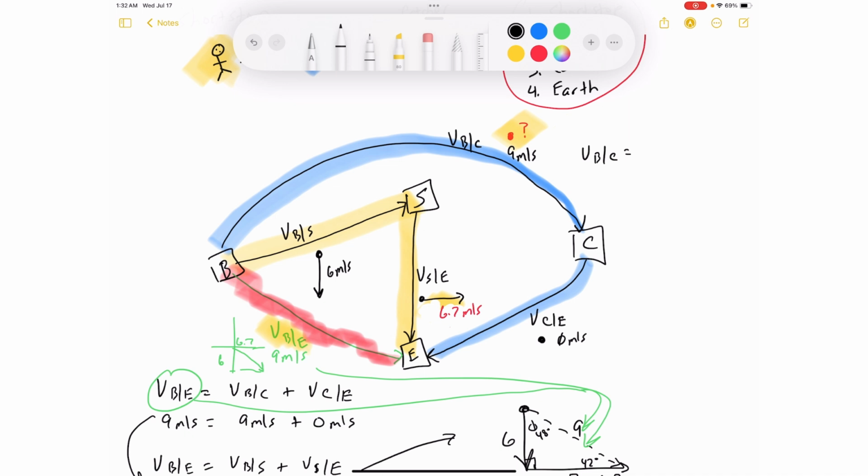Well, couldn't you just say it's the velocity of the ball relative to the Earth plus the velocity of the Earth relative to the catcher. Okay.